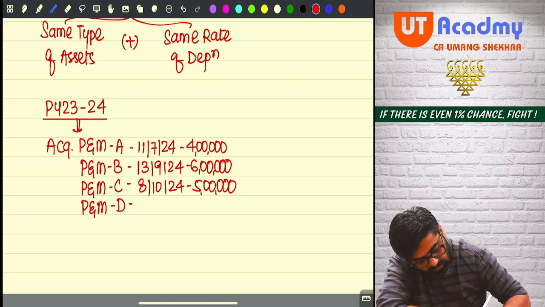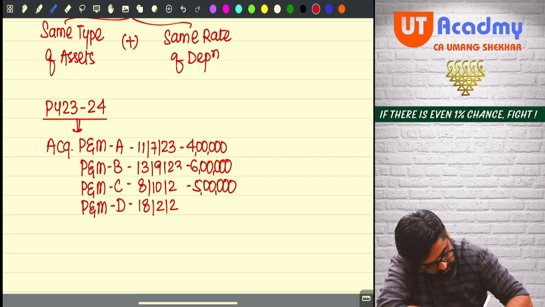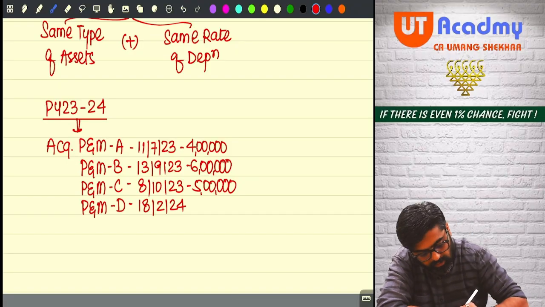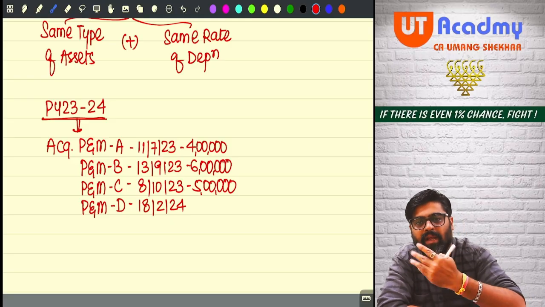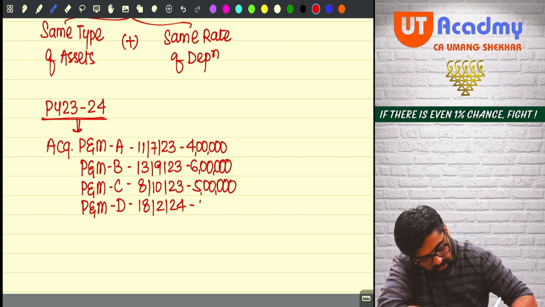Another was purchased on 18th of February, I have to take last year. This is 23, this will be 24. I'm talking about last year. So in the last year, these plant and machineries were acquired, because last year only I started my business. And the last machine was also purchased for 5 lakhs.